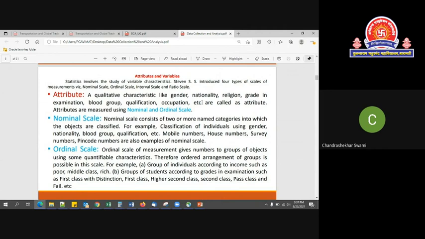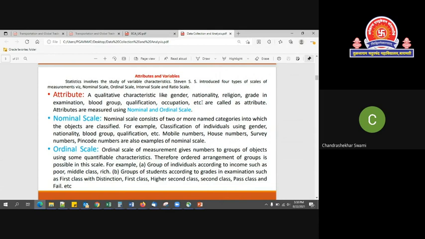Suppose a certain class, TYBSc class students, I want to classify these students and label the characteristic for each student by their gender. There are two categories we are considering: male and female.